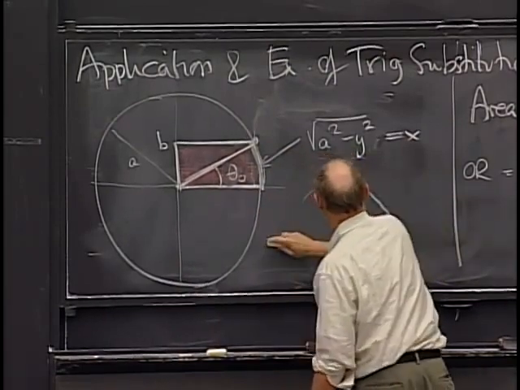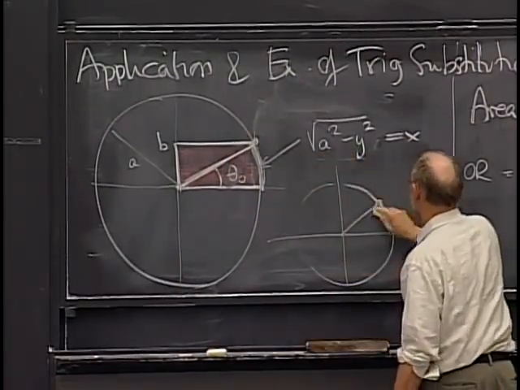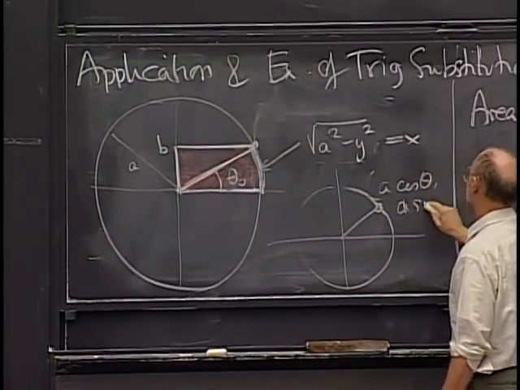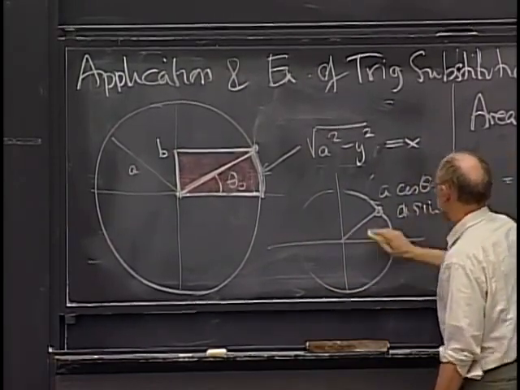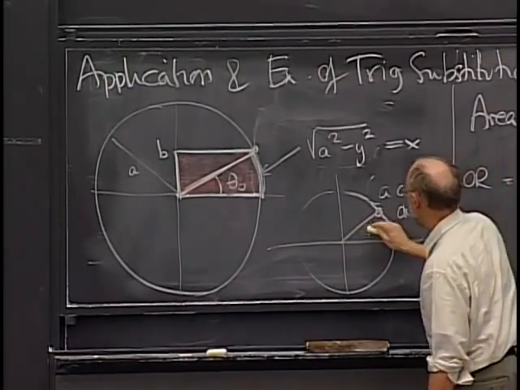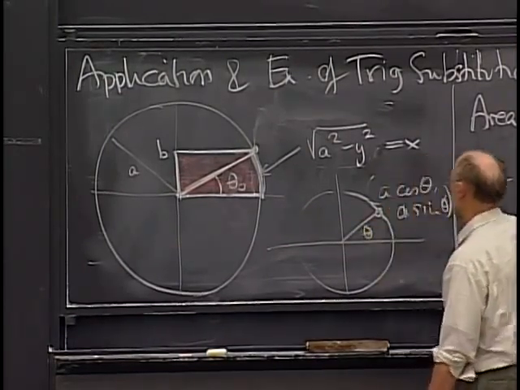And in general, you know that the coordinates of this point are a cosine theta, a sine theta if the radius is a, and the angle here is theta.